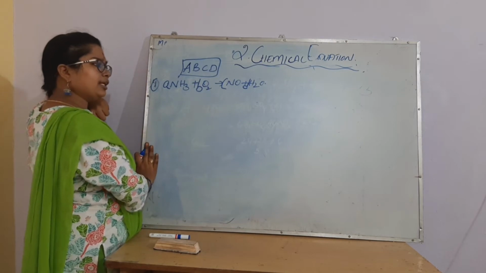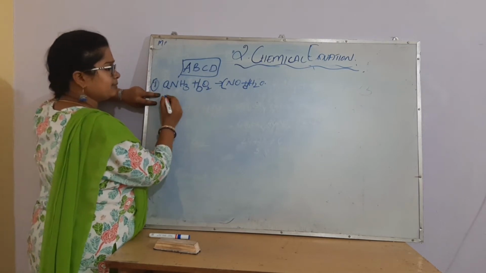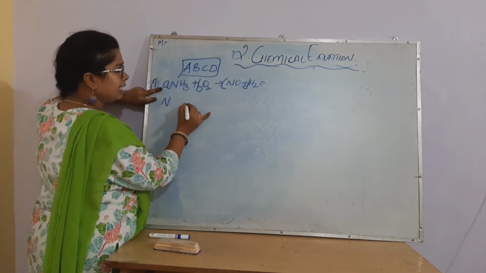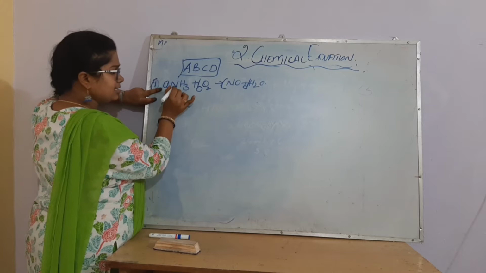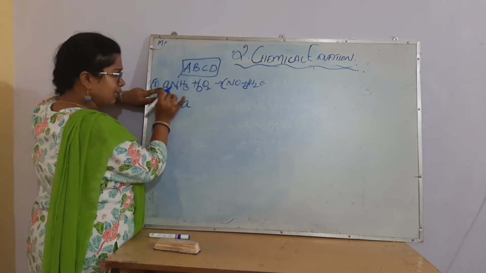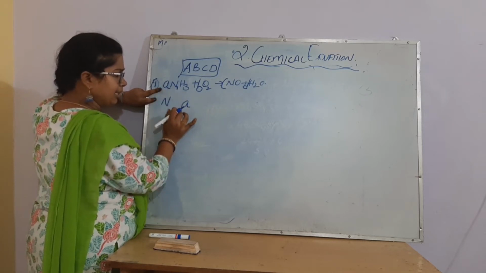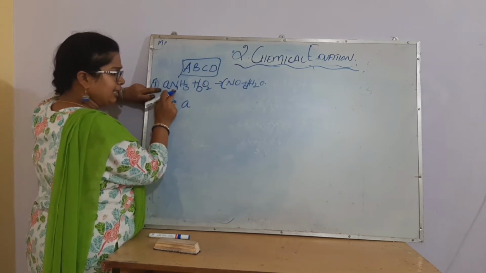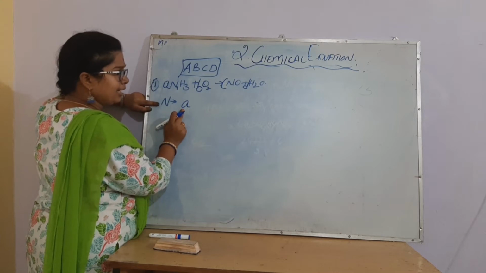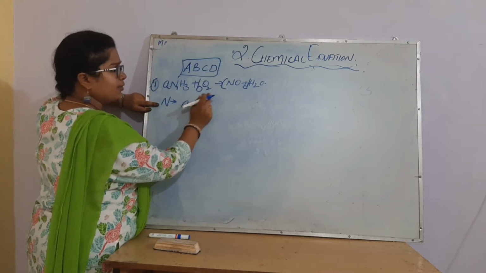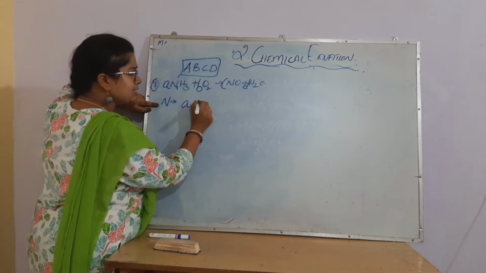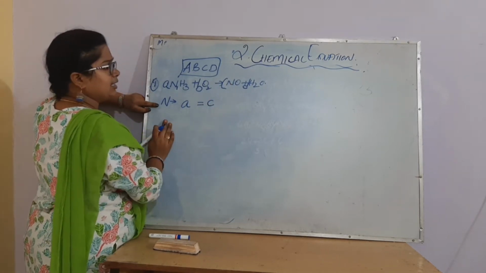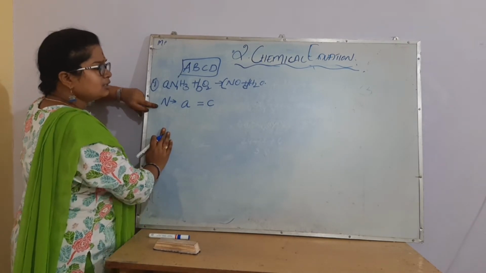So what do you do after writing this? See, N is there on this side: A into 1, A. Here, is N there? No. Here, is N there? Yes. It is equal to 1 into C, C. Now let's go with oxygen.